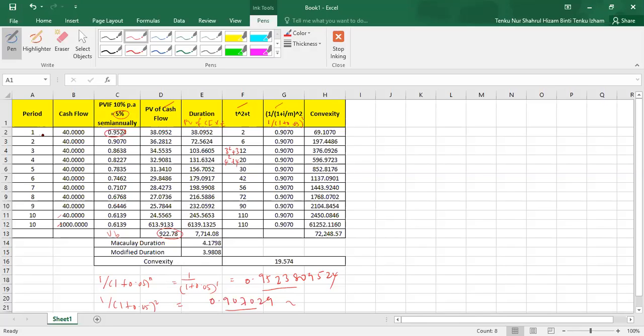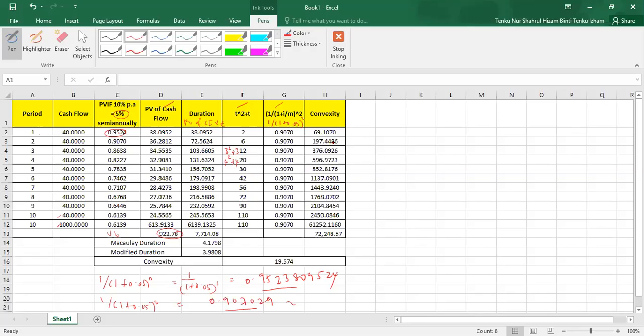Now we look at the data: 38.0952 multiplied by 2 multiplied by the discount factor 0.9070 to get the convexity for the first one of 69.1070.